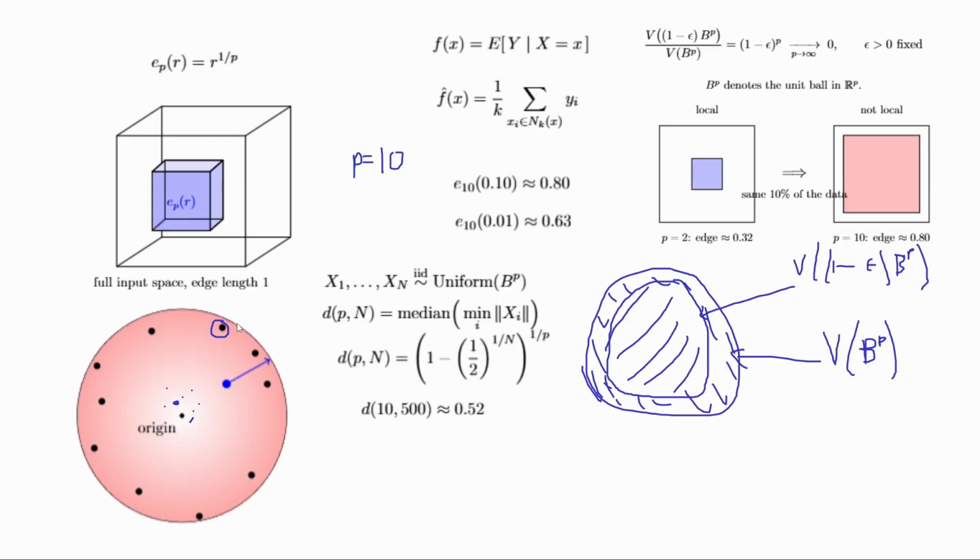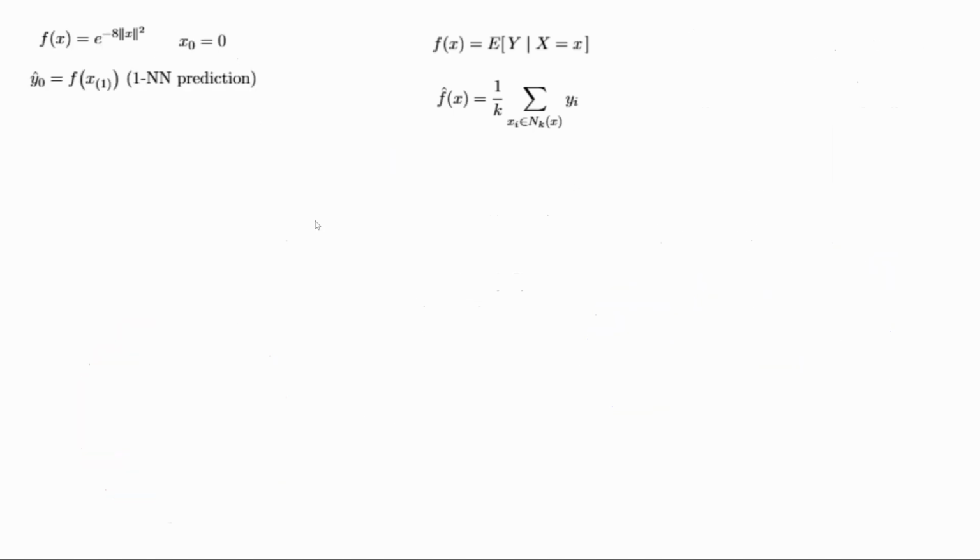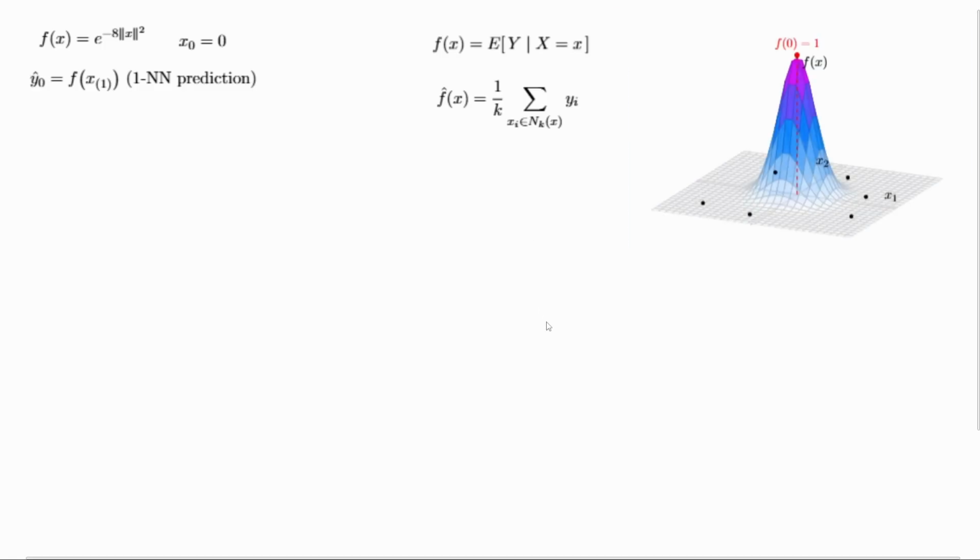Okay, so let's look at an example using a local method we are already familiar with, which is k-nearest neighbors. For this example, let's assume that there's no noise at all. So the true function is already known, defined here, and it's a sharp peak centered at the origin.